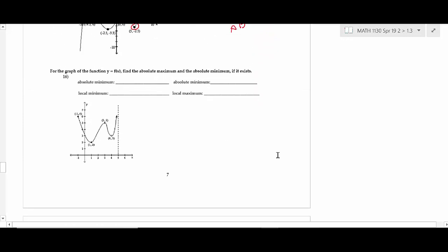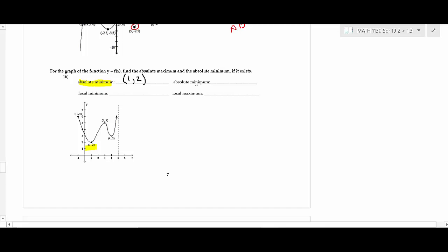Okay, so let's see. Let me do this 16, then I'll let you just kind of do one of these. Okay, look at this one right here. Does this one have an absolute minimum? Does the graph hit an absolute low point? Yeah, what's that point? (1, 2). Okay, so you look for a point that is the absolute lowest, so that's your absolute min.